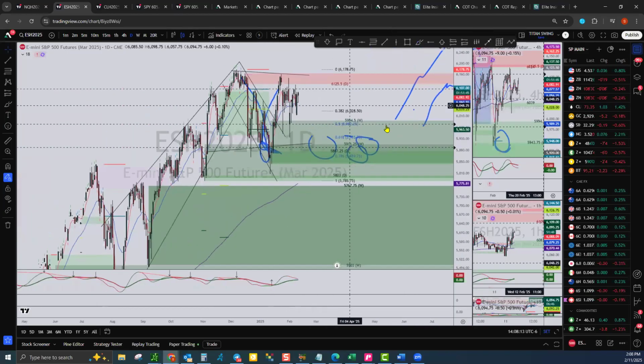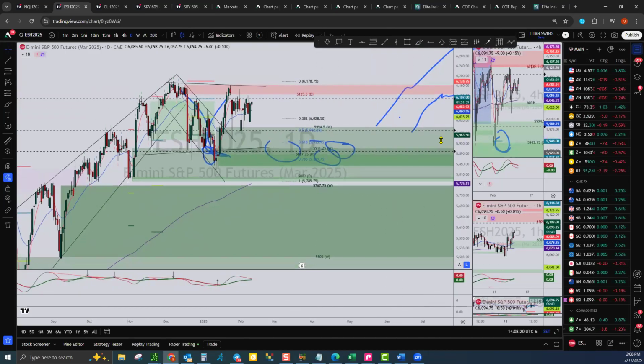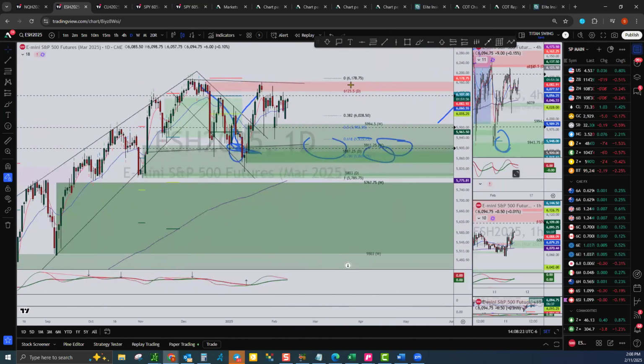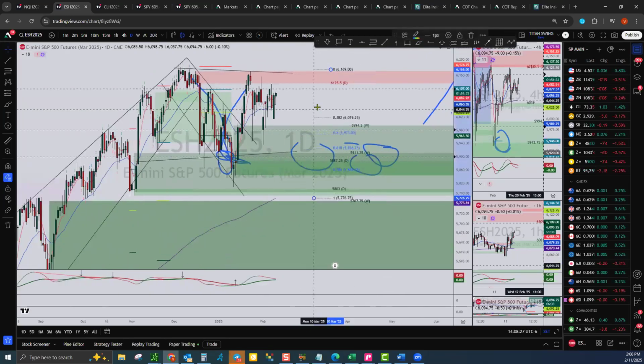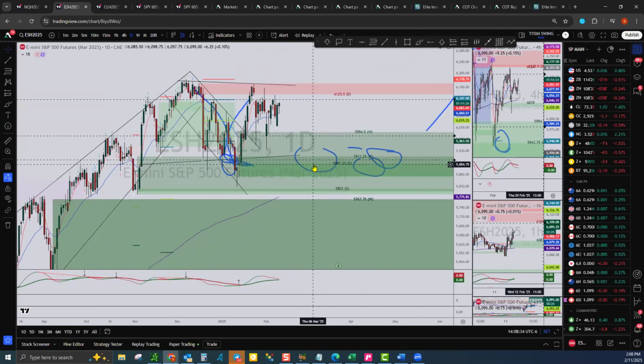So if nobody's ever seen this before, what would we be doing in this gray zone? If you had a gray zone, a white zone, a black zone, whatever your background color is, where we are now, what is your bias, or what is price action currently telling you?